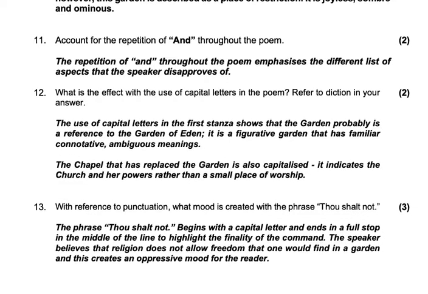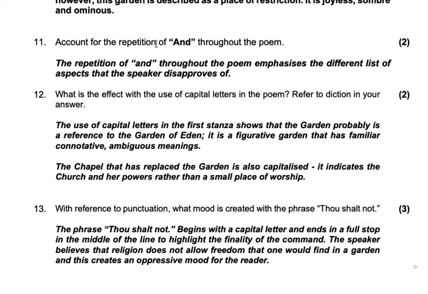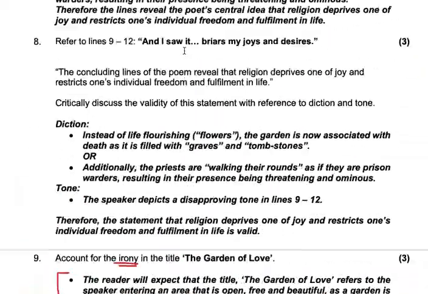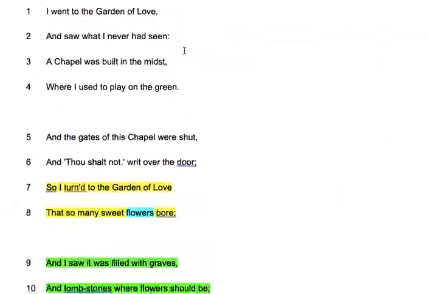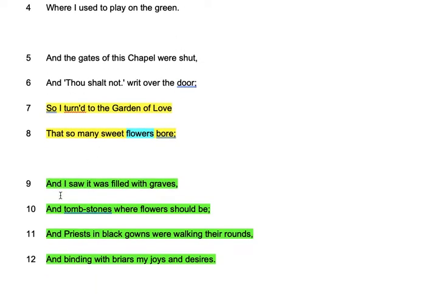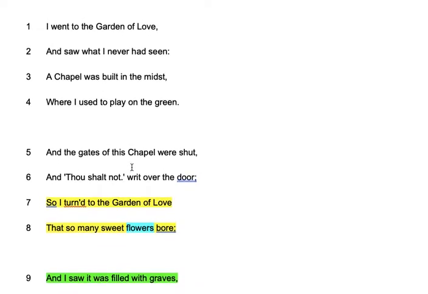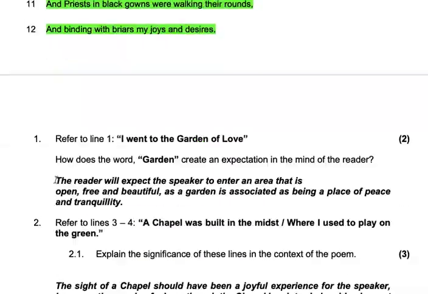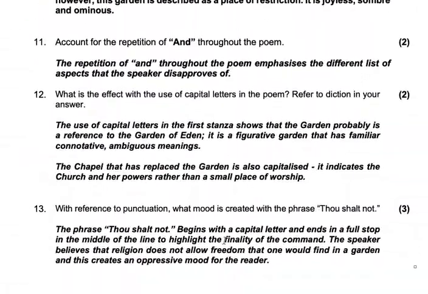Account for the repetition of "and" throughout the poem. So, guys, if you look at the last stanza, I just remembered off the top of my head, the last stanza begins with "and". If you look at the other stanzas too, why does the speaker repeat "and" all the time?